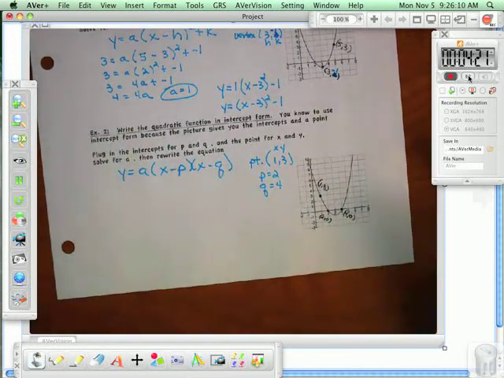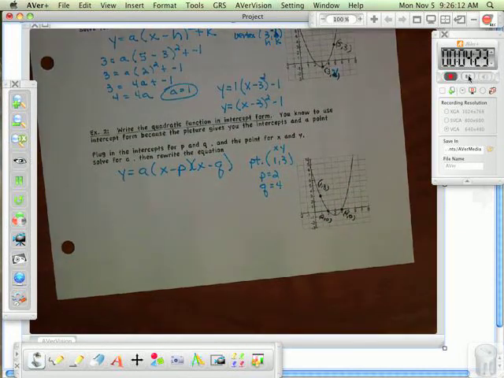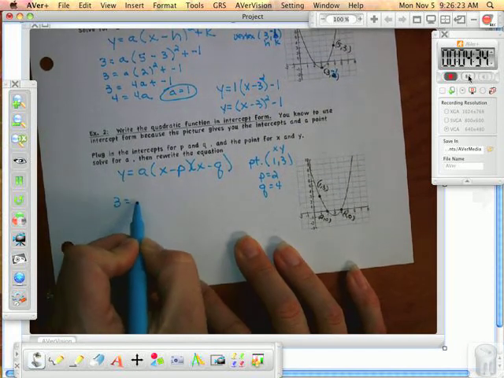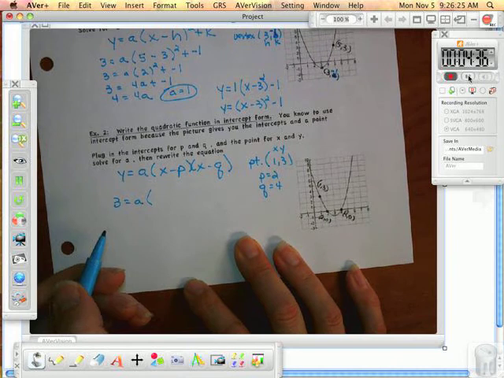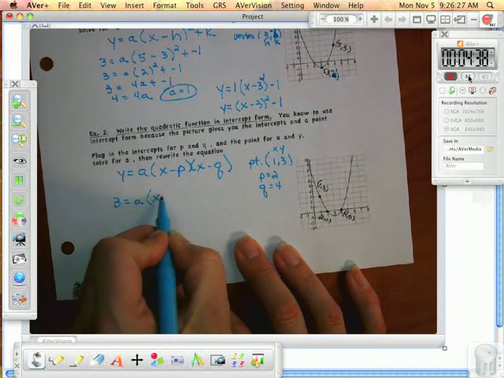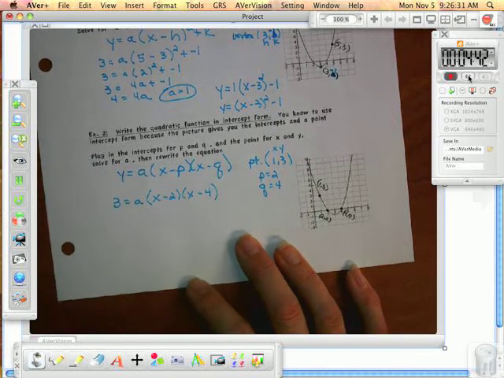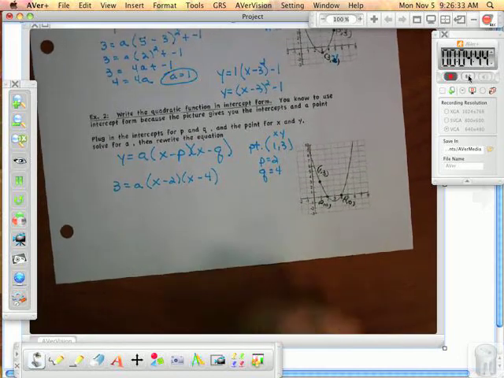So then I have to solve for a in order to write the equation. So I plug in the numbers I know. 3 equals a times (x minus 2)(x minus 4). Except, can I put more in? I forgot. What can I put in there? Let's put in the 1 for x.